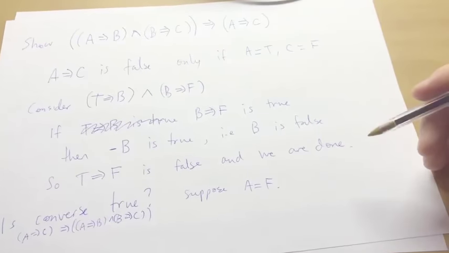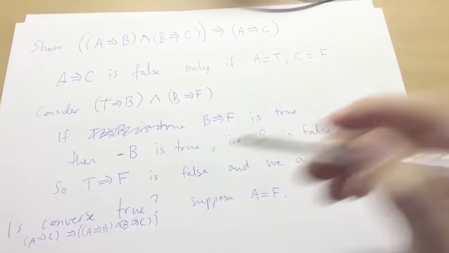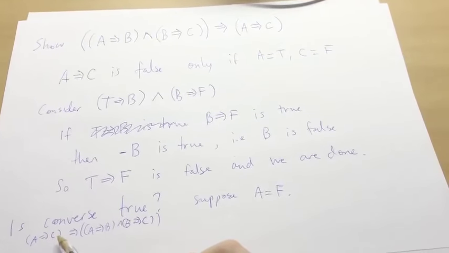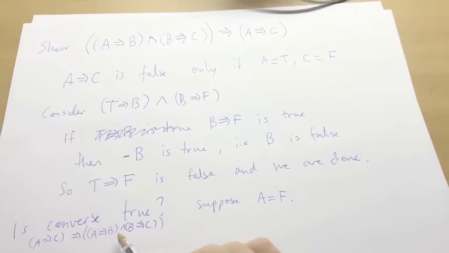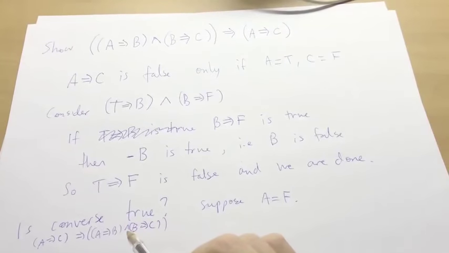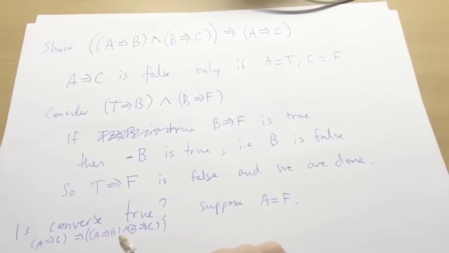Okay. Then we're basically free to choose C because false implies C will be true for any C, and we get to choose a B, and we want to choose it so that this statement is false, and then we've proven that the converse is sometimes false.